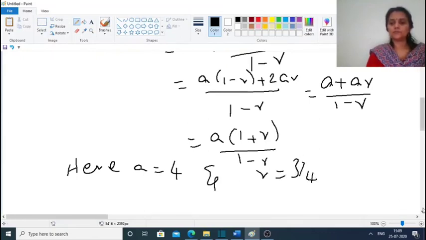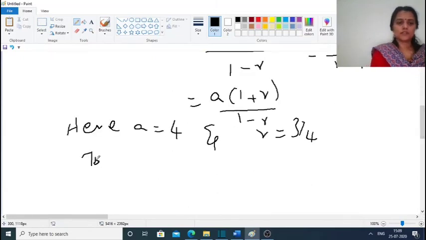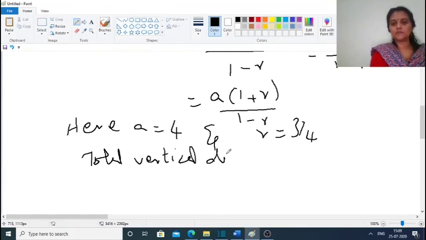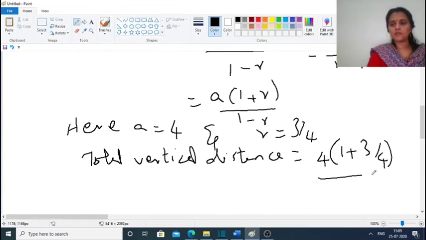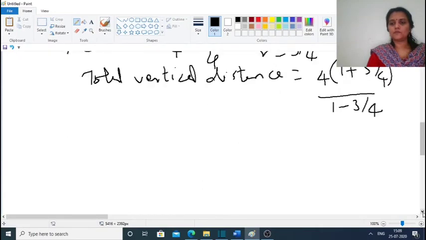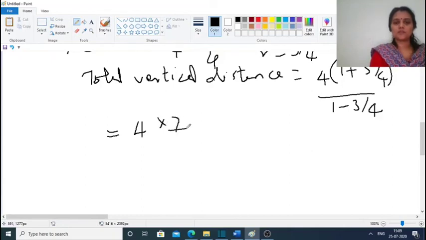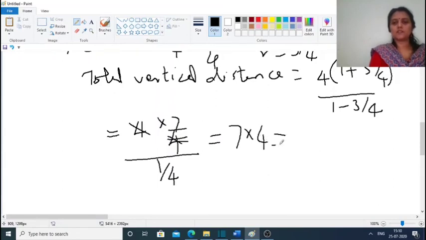So total vertical distance is equal to 4 into 1 plus 3 by 4 by 1 minus 3 by 4, which is equal to 4 into 7 by 4 by 1 by 4, which is equal to 7 into 4, which is equal to 28 meters.